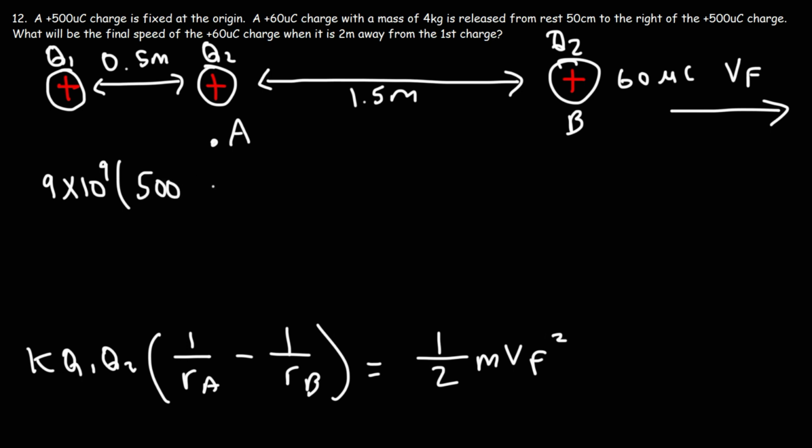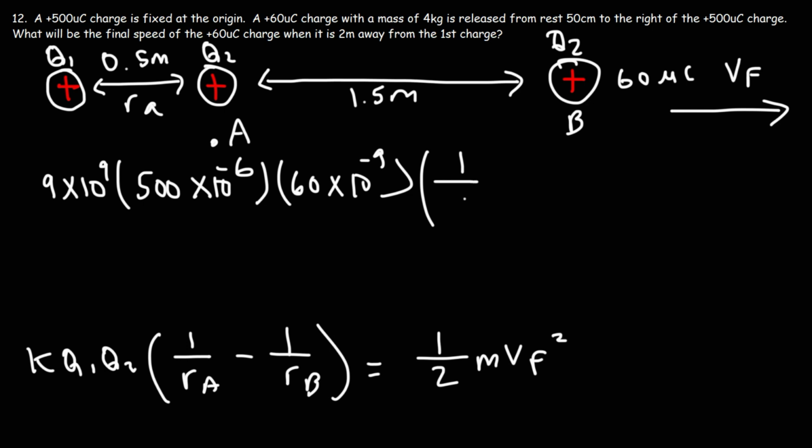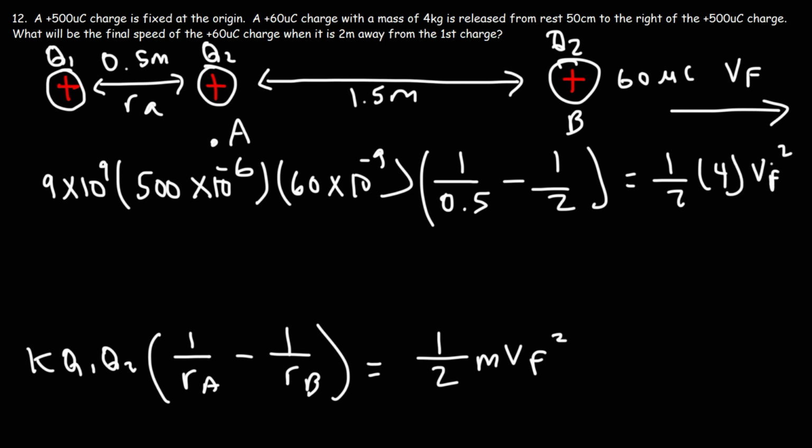Q1 is 500 microcoulombs. Q2 is 60 microcoulombs. RA, that's 0.5 meters, so this is 1 over 0.5. RB is going to be the sum of these two, or 2 meters. And that's going to be 1/2 times the mass of 4 kilograms times v final squared.